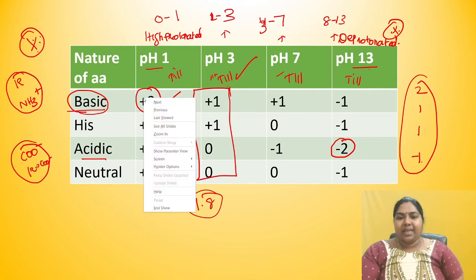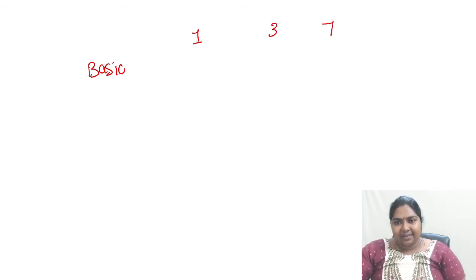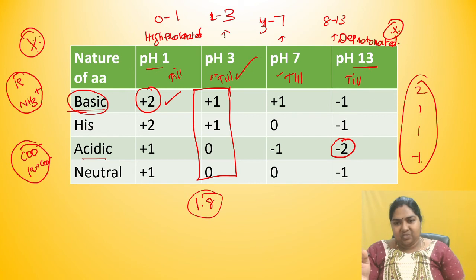We will make a memory one more time. Everybody come on, read with me, because later you will not get the time. If it is basic, what are the pH ranges we took? 1, 3, 7, and then the highest value, 13. If it is basic, it is +2, then +1, then +1, then -1. That's it: 2, 1, 1, -1.